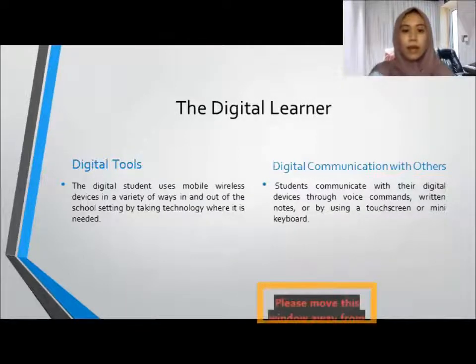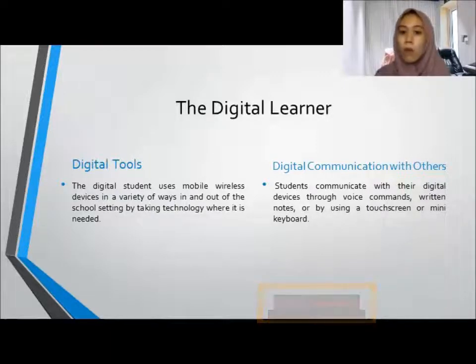The next one is the digital learner. Digital learners learn in a classroom where technology is a seamless component of learning that expands the educational environment beyond the classroom walls. The digital student uses mobile wireless devices in a variety of ways in and out of the school setting by taking technology where it is needed.